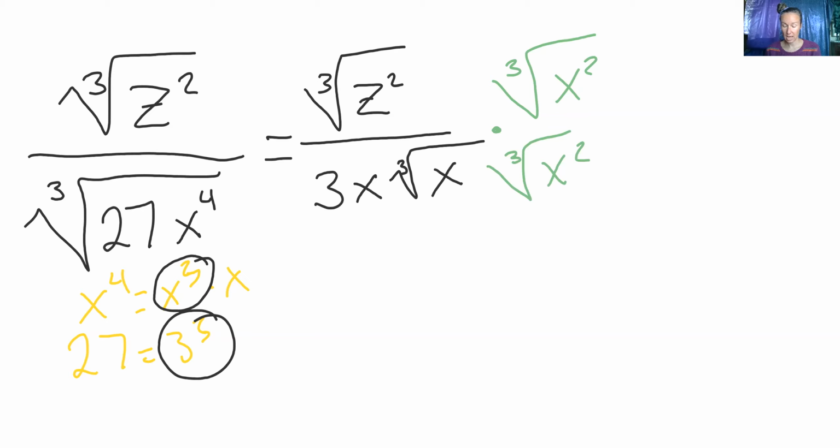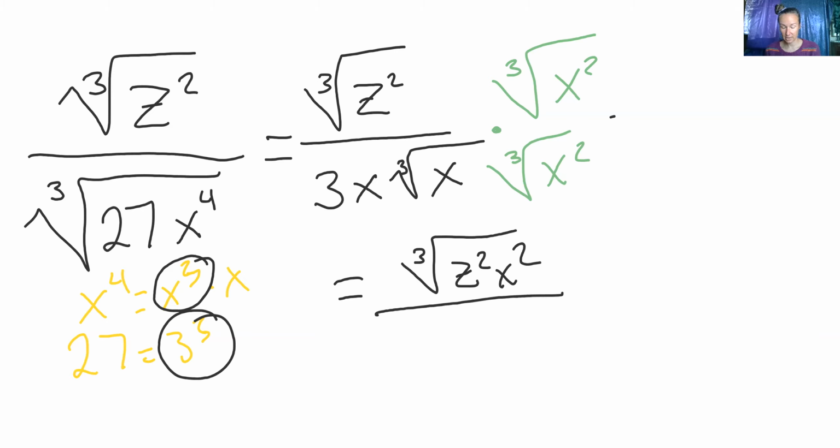So our numerator has, let me write it over here, cube root of z squared x squared. And our denominator has a 3x times cube root of 3 factors of x is just going to be x. We could also write that as an x squared.